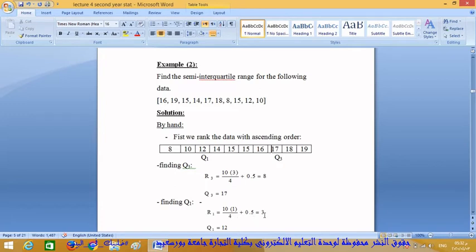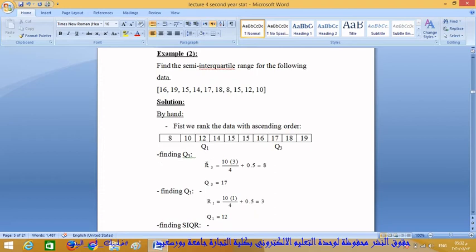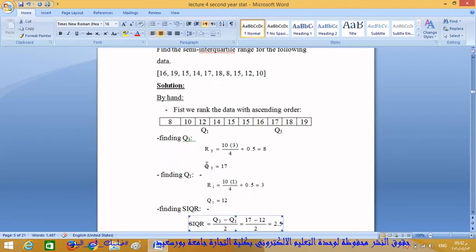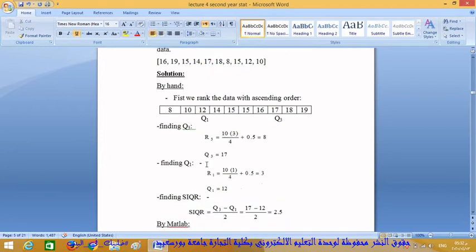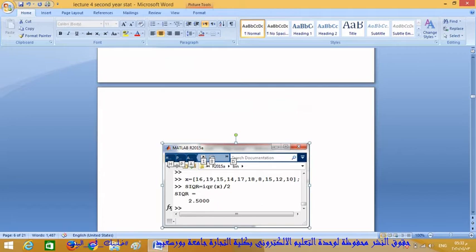So the rank is 3, and the value number 3 equals 12. So Q1 equals 12 and Q3 equals 17. The difference between Q3 and Q1 is 17 minus 12 equals 5, and divided by 2, the result is 2.5.